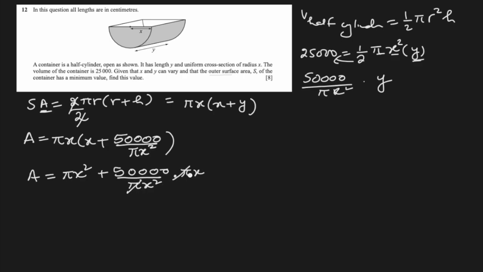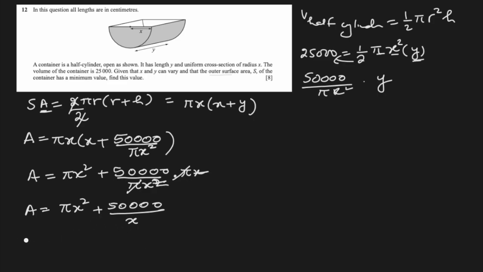Pi and pi cancel, and 1 x cancels with this one. So finally A comes out to be pi x square plus 50,000 over x. No, just x, this 2 was cancelled out.